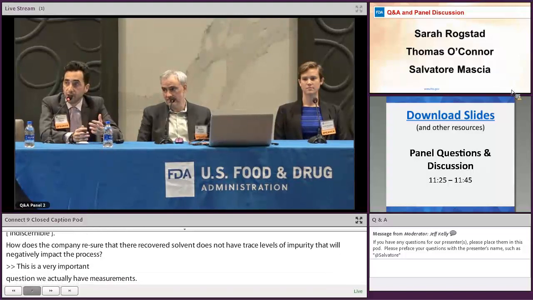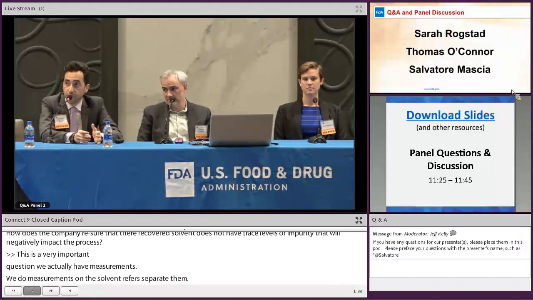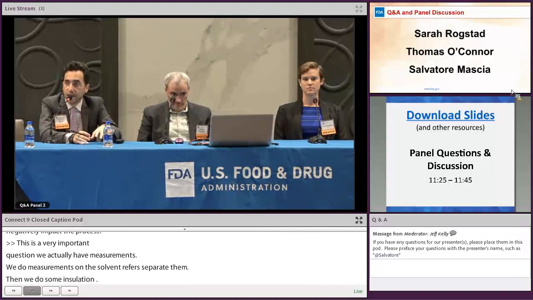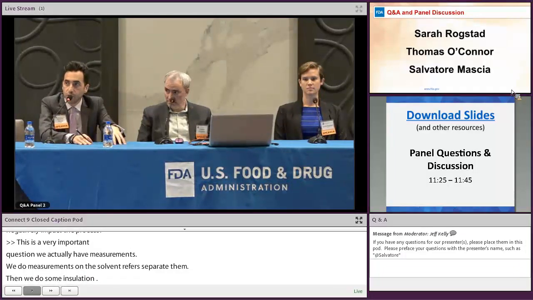Then we do some distillation to purify them, and we can show that we recover a high purity, high yield solvent from the system. So we do a refractometry measurement, an inline measurement of purity of this recovered solvent before we feed it back into the process. So it's inline analyzed before we actually reuse it. So we test this in real time.